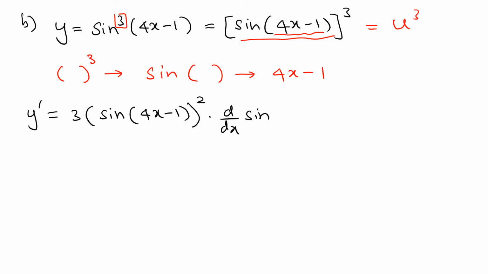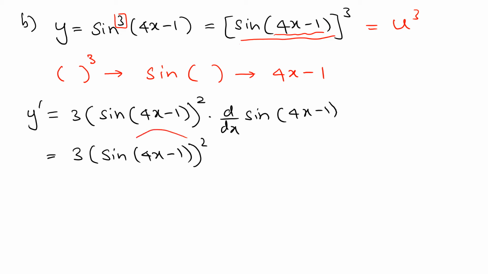The next inside function was sine of 4x minus 1. So we repeat this, sine of 4x minus 1 squared. Now we multiply by the derivative of this one.